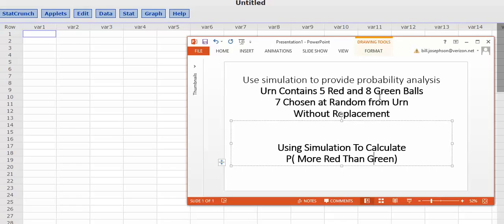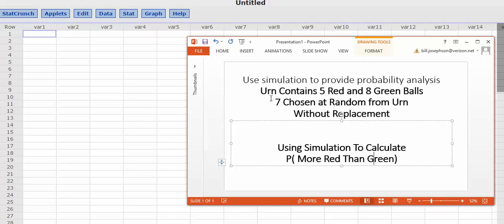If you know about the law of large numbers, that implies that as the sample size gets larger, the relative frequency approximates the corresponding probability better. So let's take an experiment that we can do with StatCrunch simulation.